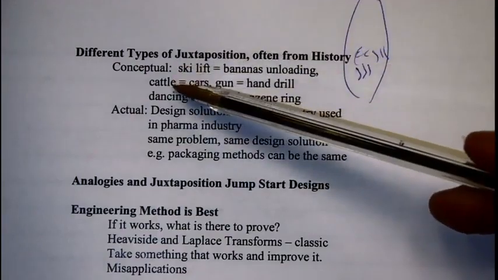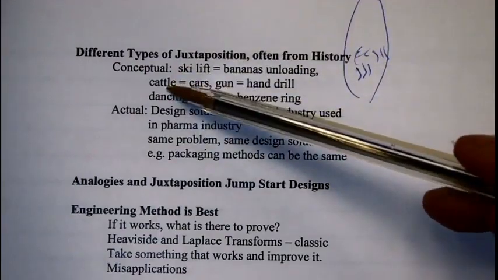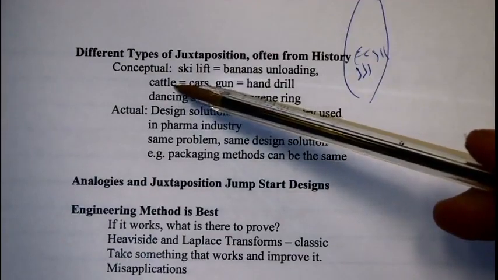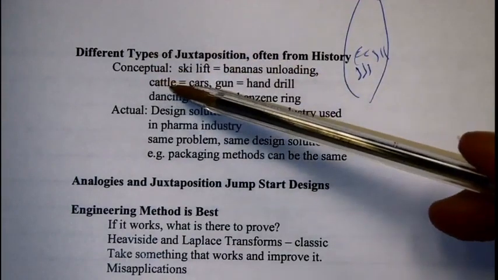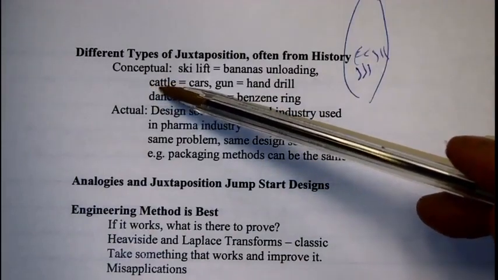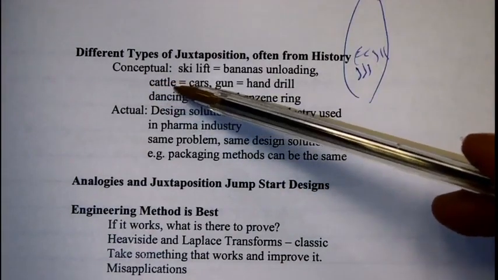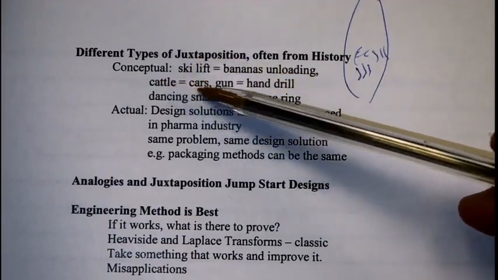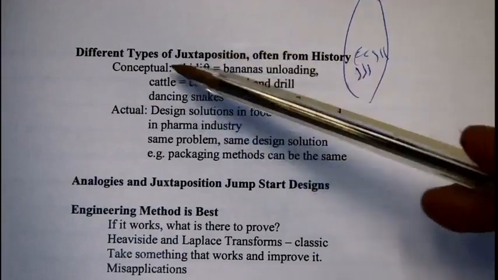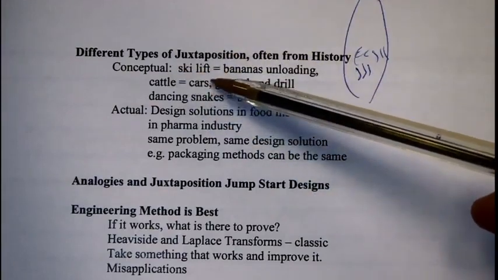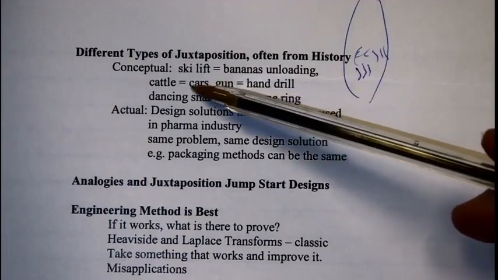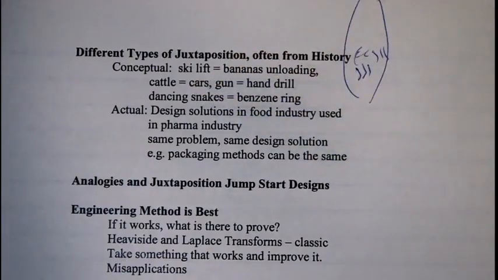Now then we go over here and we say cars and cattle. Well, it's speculated that, let's explain cattle here. You bring in a cow, you hit it in the head, put it on a hook, probably drain its blood, and then further on down, you remove the skin, then you start sectioning it up, and eventually you get the steaks and the ribs and the ground meat and whatever.